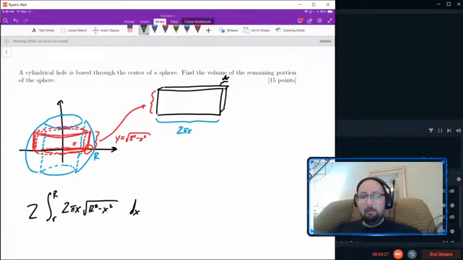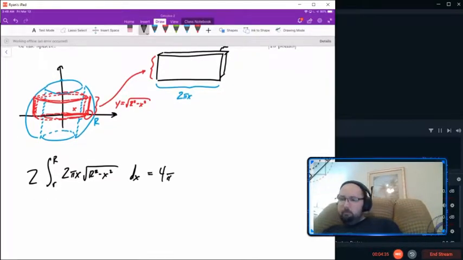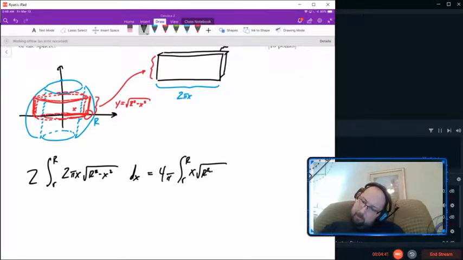And once I have this set up, there's not a whole lot more thinking we have to do. It's just a bit mechanical. So if I factor out constants, I'm left with this. To make this integral easier to do, what I would recommend is u substitution, where u is everything that is inside the root.